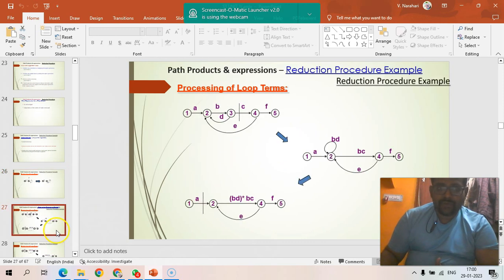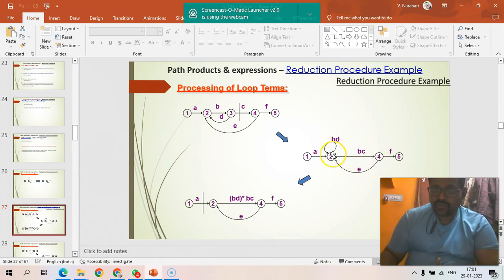We'll see one more example. See here, at node 2 there is a self loop which consists of BD. To remove this self loop, we multiply BD asterisk with BC, because this passes only through this one link.